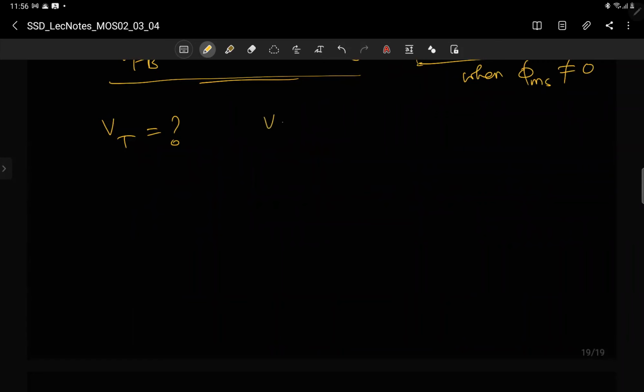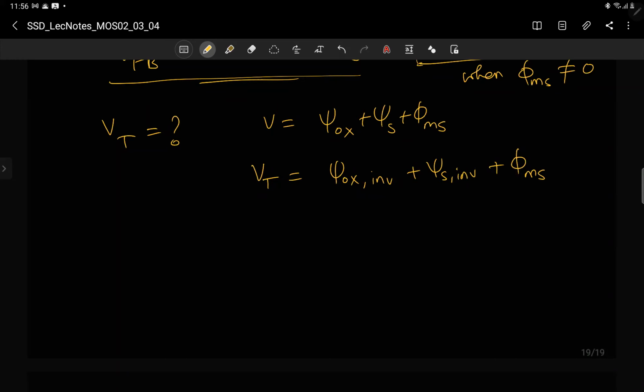Again, start from KVL: V equal to psi ox plus psi s plus phi ms, and VT is the applied voltage. So psi ox at inversion plus psi s at inversion plus phi ms. Clearly psi s at inversion is the same 2 phi f; it will not change.